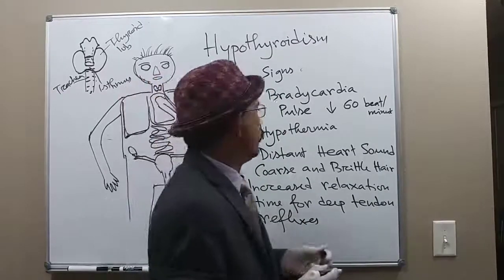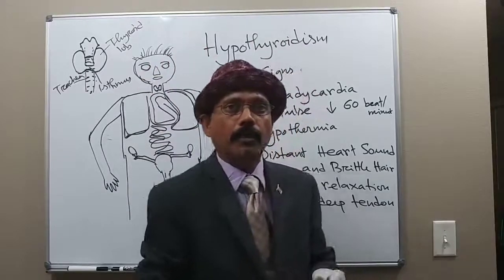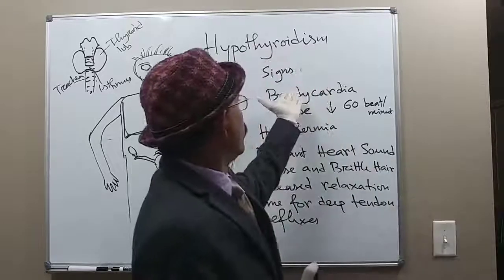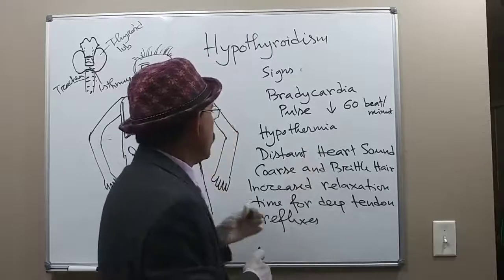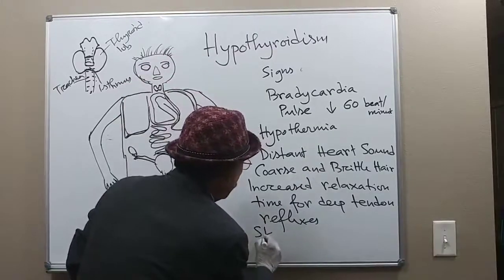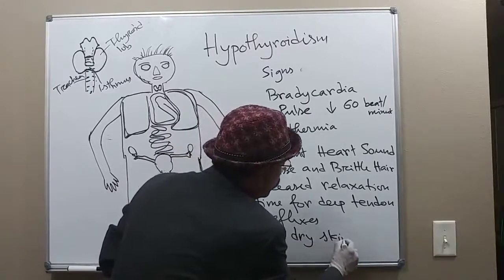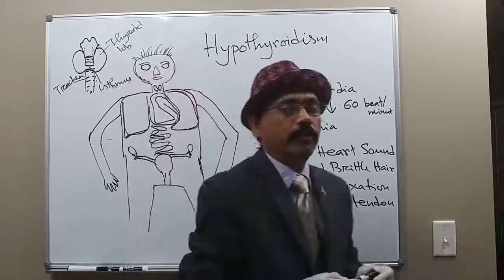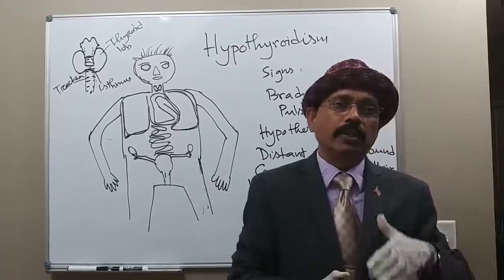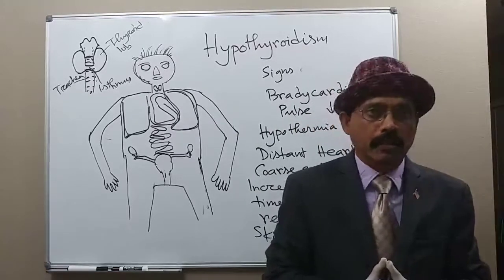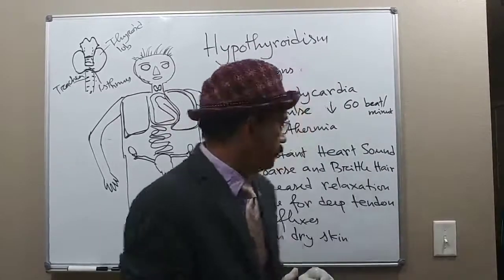A lot of patients also complain that constipation and menstruation are problems, but these are the signs: bradycardia, hypothermia with low temperature, and dry skin, because of lack of sweating and lack of blood flow to the periphery from sympathetic innervation disturbances. We may get dry skin.